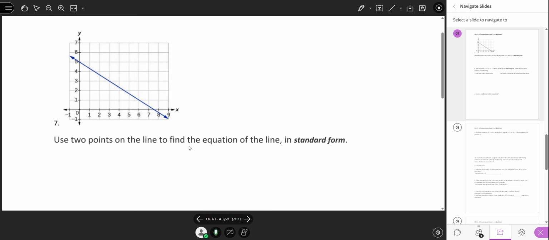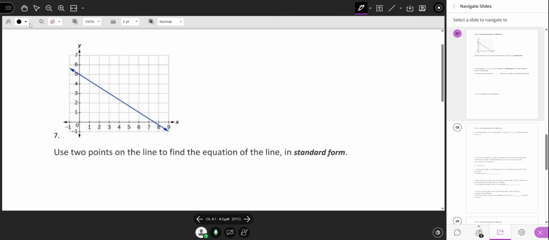Use 2 points to find this equation in standard form. Well, we kind of sort of did that a little bit. Okay. Here's B. Now the next nice good point is right there.